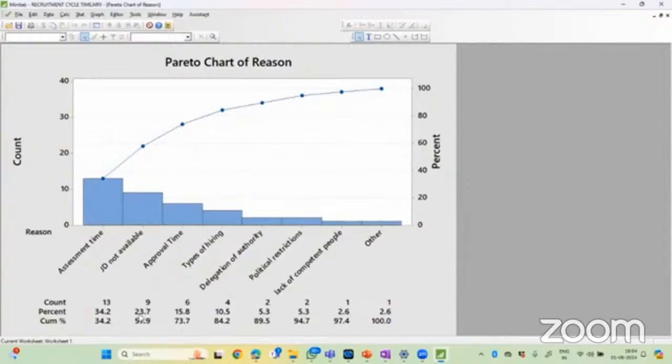The cumulative percent of the first 2, 34 plus 23, is 57%. And if you take the first 4, it is giving me 84%. So if I take care of these 4 causes, assessment time, job description not available, approval time, and types of hiring, I will be able to solve 80% of my problem. Okay? So this is how I have got my root causes.